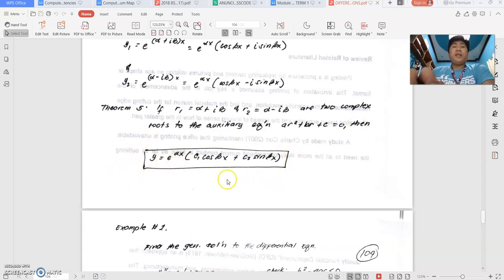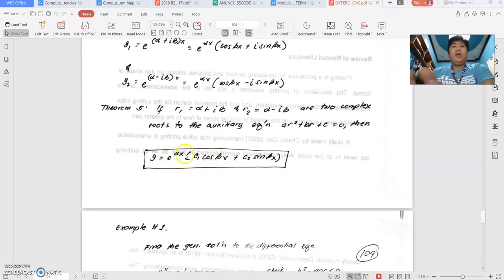For the general solution in distinct roots, you have your arbitrary constant, then e raised to the power of root times x. For repeated roots, the next one is multiplied by x. But here in imaginary, you will have your alpha and beta.